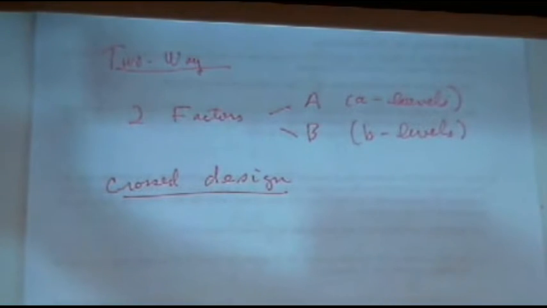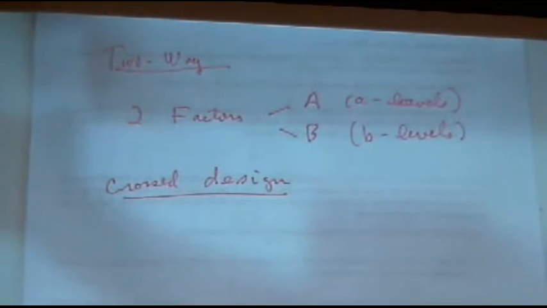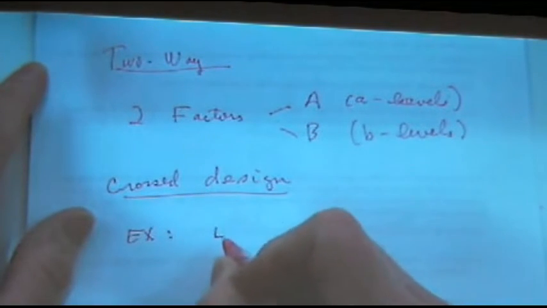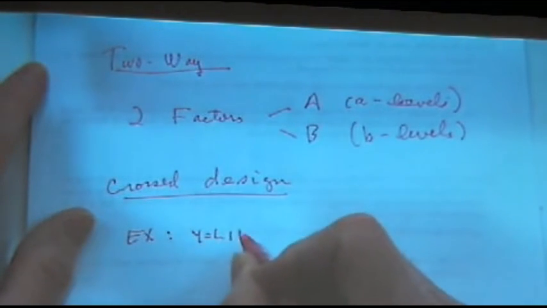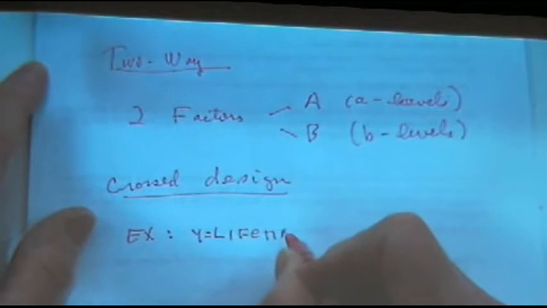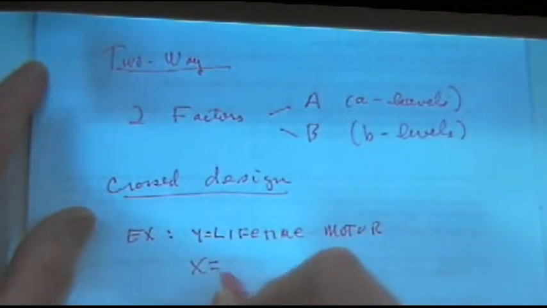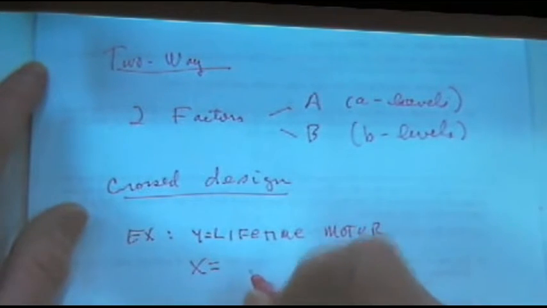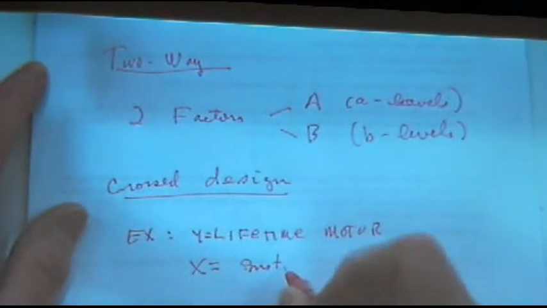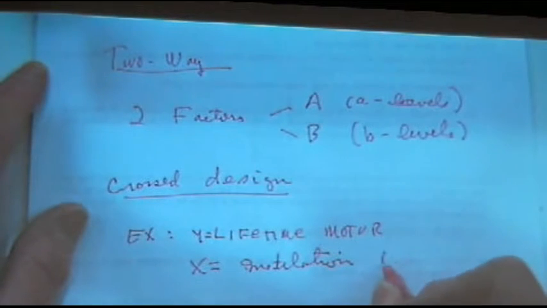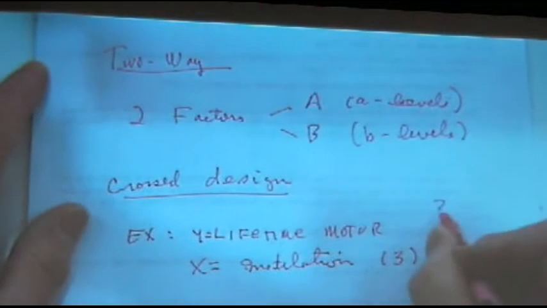And there are certainly many examples. One we have is lifetime, Y is lifetime. And X is temperature, where insulation, I think three, that is the 3 by 3.